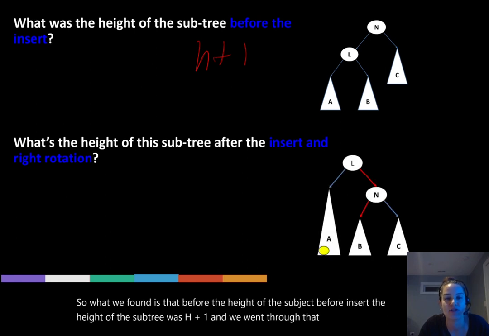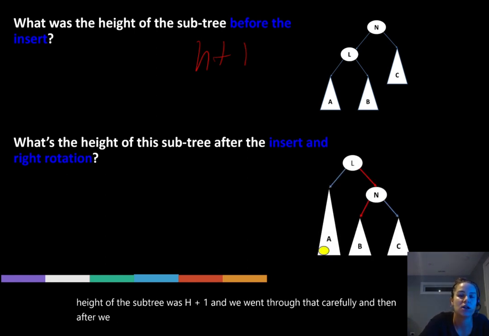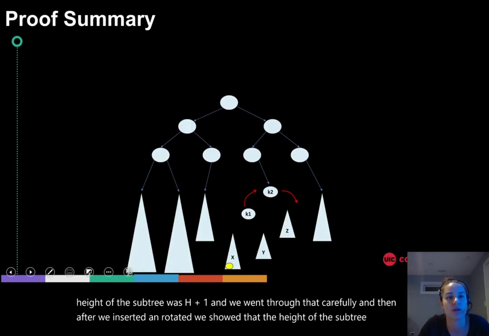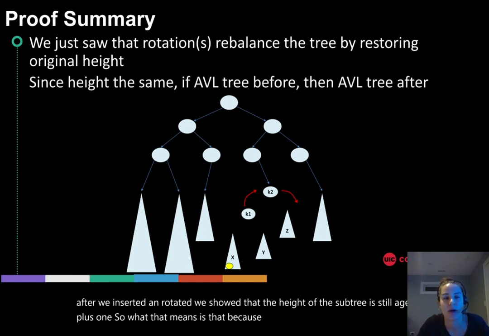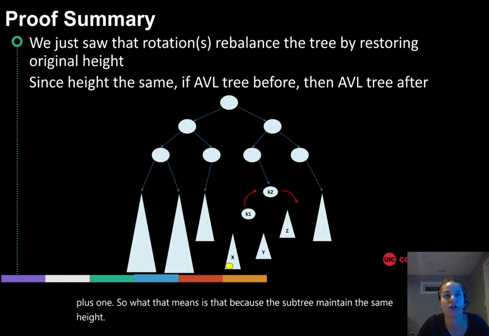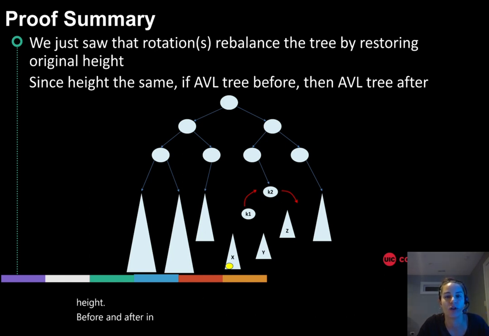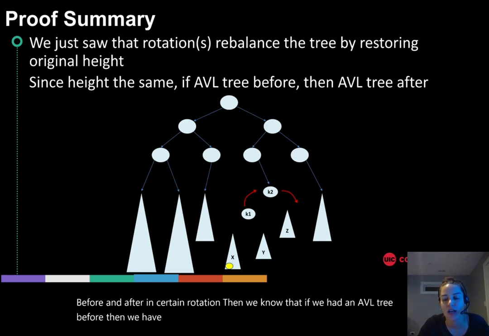And then after we inserted and rotated, we showed that the height of the subtree is still h plus 1. So what that means is that because the subtree maintained the same height before and after insert and rotation, then we know that if we had an AVL tree before, then we have an AVL tree after. And so that is our rough proof of correctness.